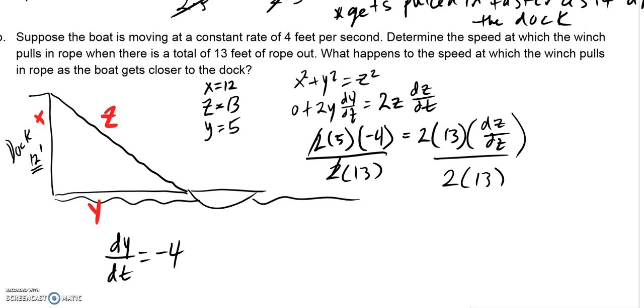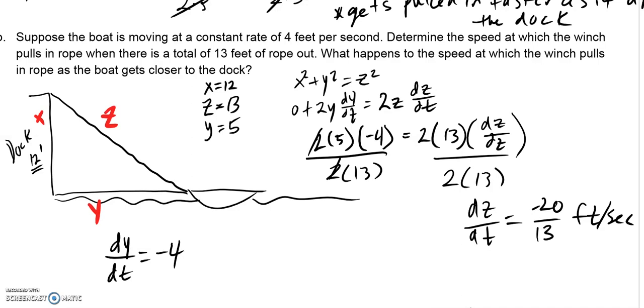And then you'll have dz/dt, the change. In this case, it wants to know the change in the speed of the rope. The change in the speed of the rope, or that distance in the rope, how fast is it being pulled in, is -20 over 13. Here, let me write it on this other side. -20 over 13, and that's in feet per second.